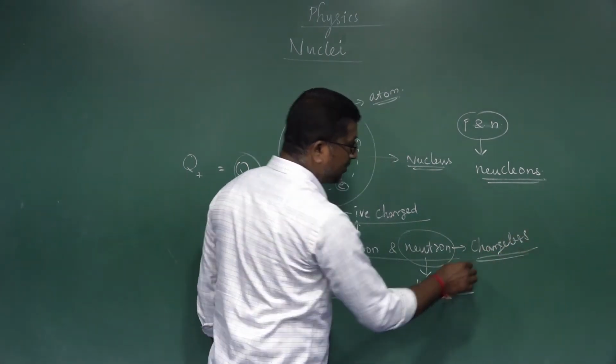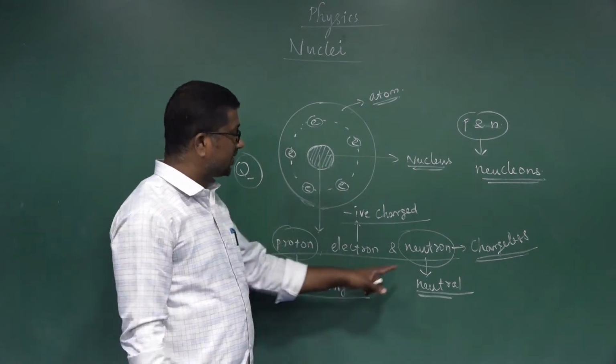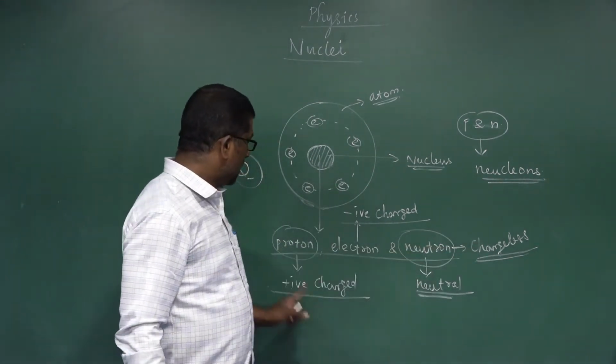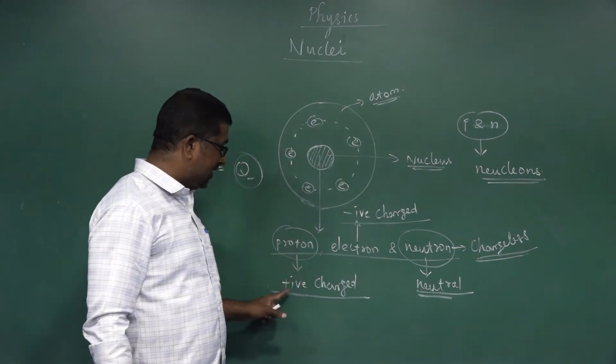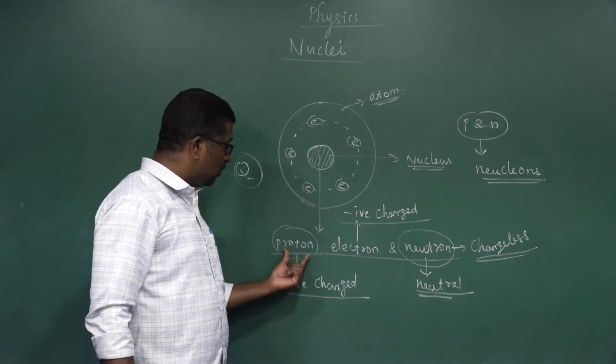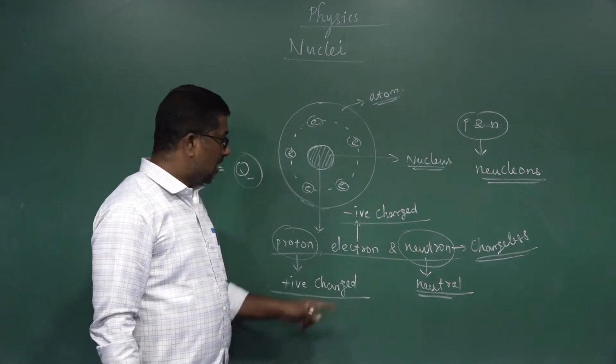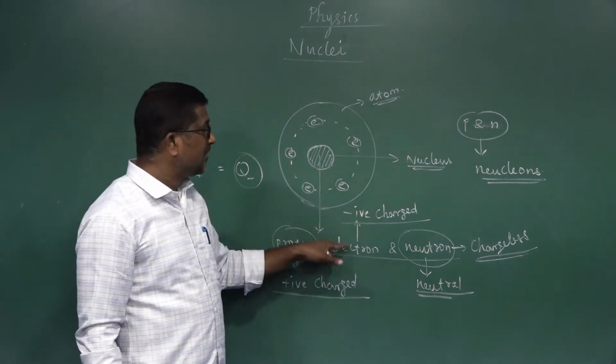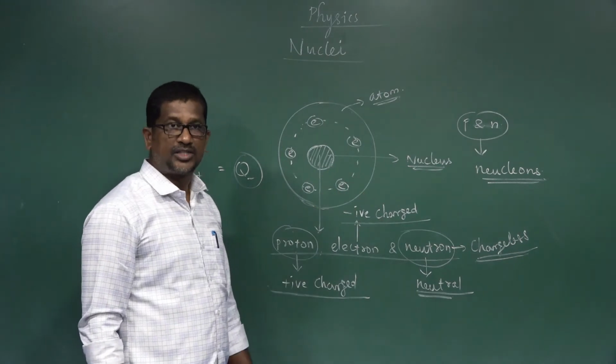So one of the elementary particles of a nucleus is the neutron, which is electrically neutral. Another particle of a nucleus is the proton, which is positively charged. And the electron is an elementary particle of an atom, which is negatively charged.